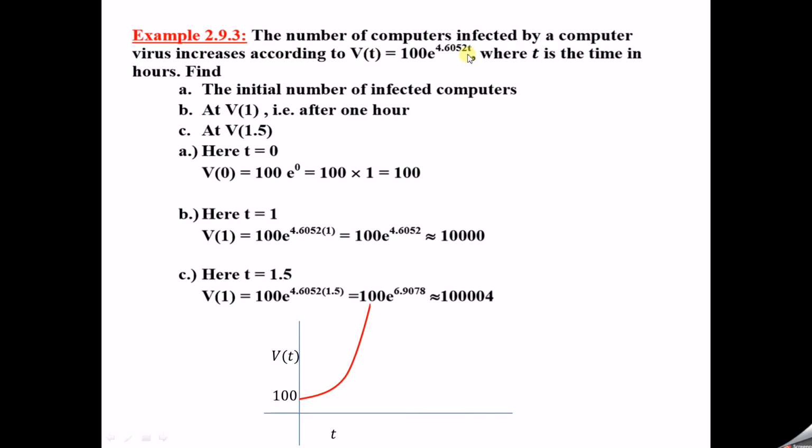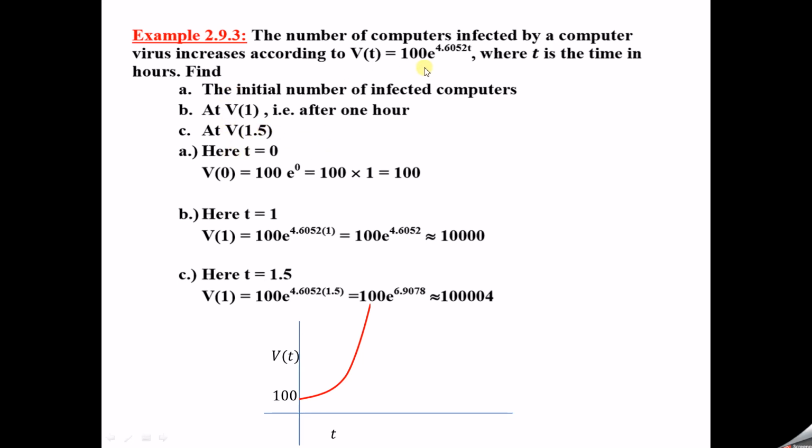The number of computers infected by a computer virus increases according to V(t) equal to 100 times e power 4.6052 t, where t is the time in hours. Then find the initial number of infected computers, V(1) after 1 hour, and V(1.5), that means after 1.5 hours. These three questions are there.